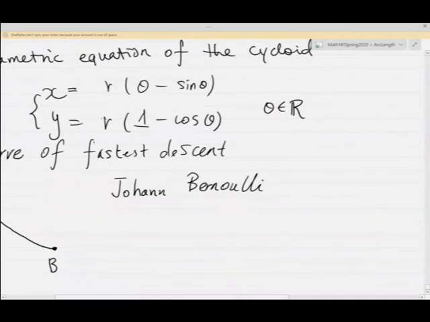This was posted, asked by Johann Bernoulli publicly in 1696 in this journal. Let me write down the journal name.